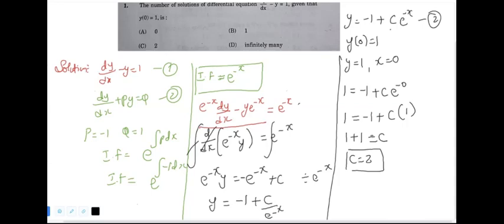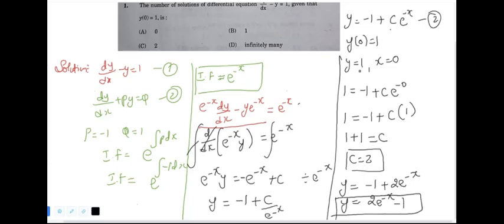Now substitute the c value in equation 2: y is equal to minus 1 plus 2 e power minus x, that is y is equal to 2 e power minus x minus 1. This is the required solution.